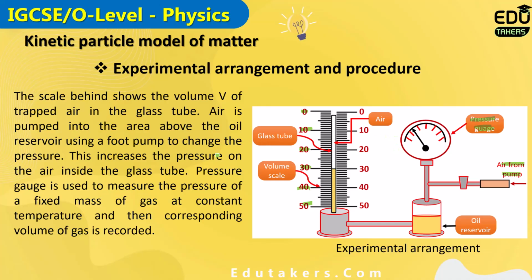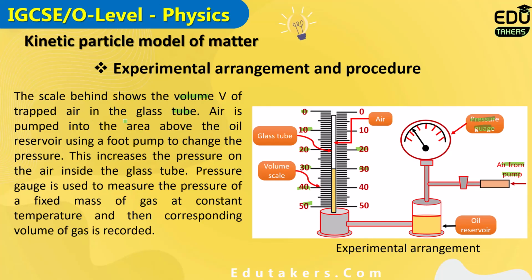By measuring the values of the pressure, you can also note the corresponding values of the volume, because this scale is used to find the volume of the trapped air in the glass tube. When the pressure changes, the volume also changes. So you can easily find the volume by the calibration on the scale. The scale behind shows the volume V of the trapped air in the glass tube.